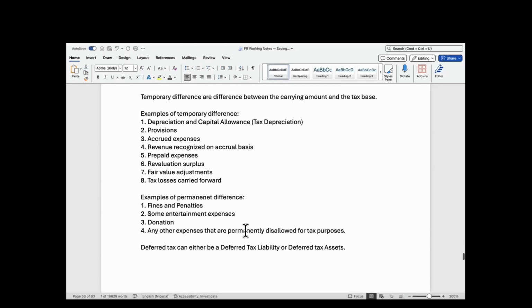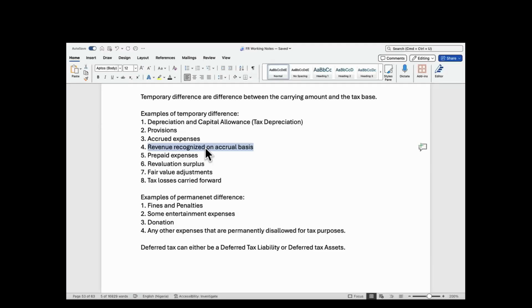And from the example I gave you, this one you will pay additional tax in the future. It will result in a taxable temporary difference because the taxman is not going to tax it now, because he says you have not received the money, but he will tax it in the future. So that's your disagreement, where you will pay additional tax.